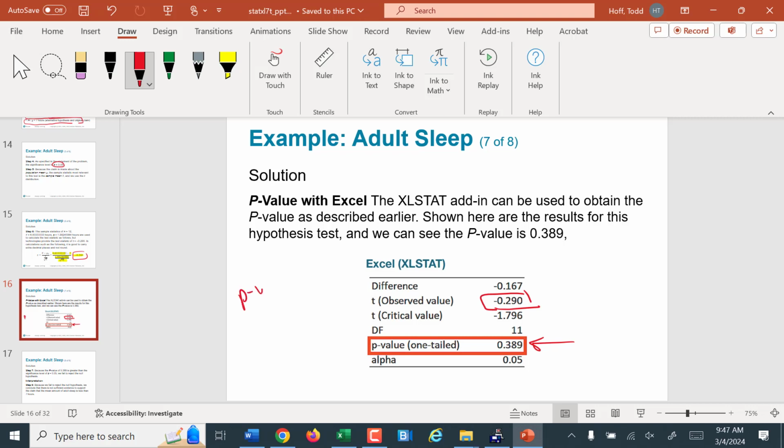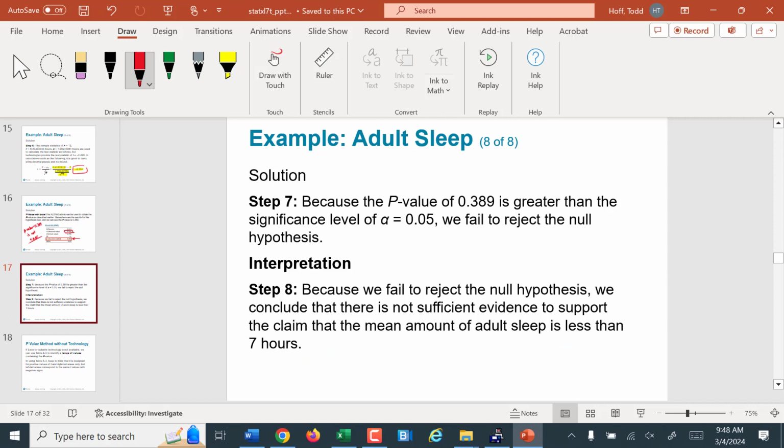So a p-value of 0.389 is not less than alpha of 0.05. So that means we would fail to reject our null hypothesis.